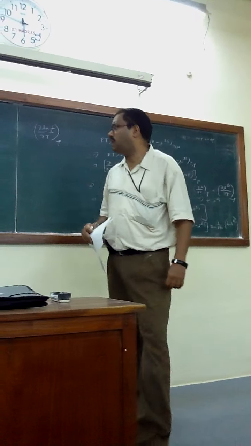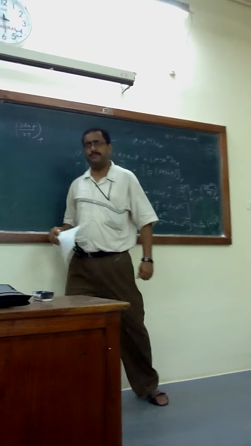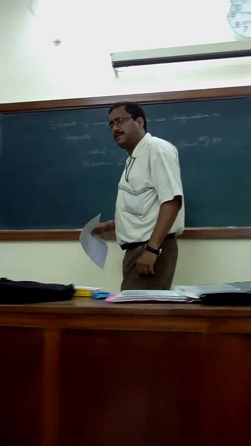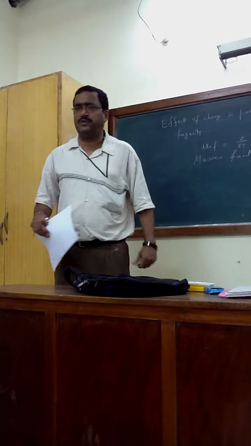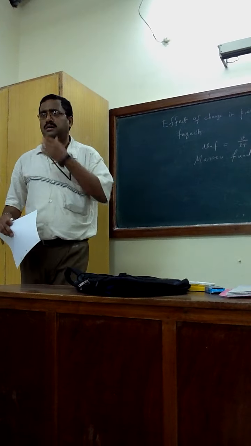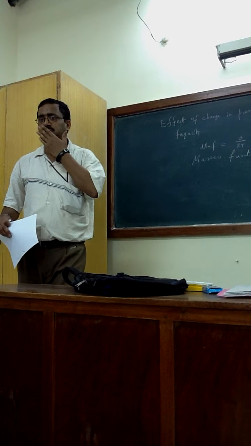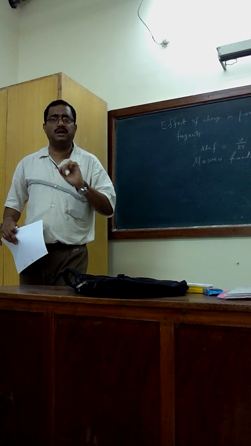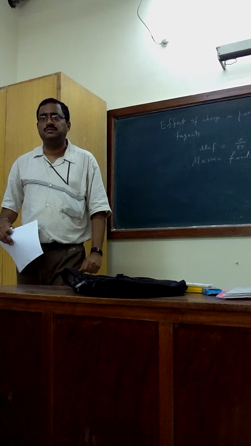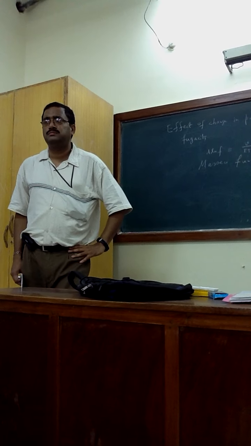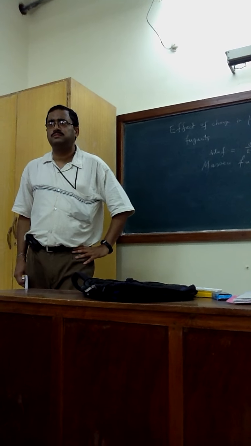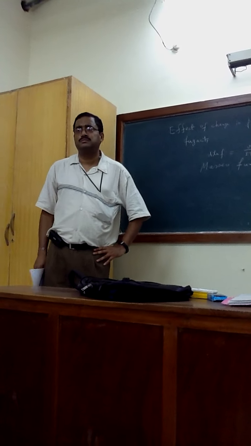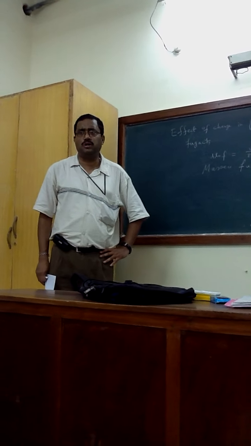Massieu function approach. What are the three conditions for the equilibrium? Eventually we get the same, but the conditions we are getting are different. You don't remember actually?